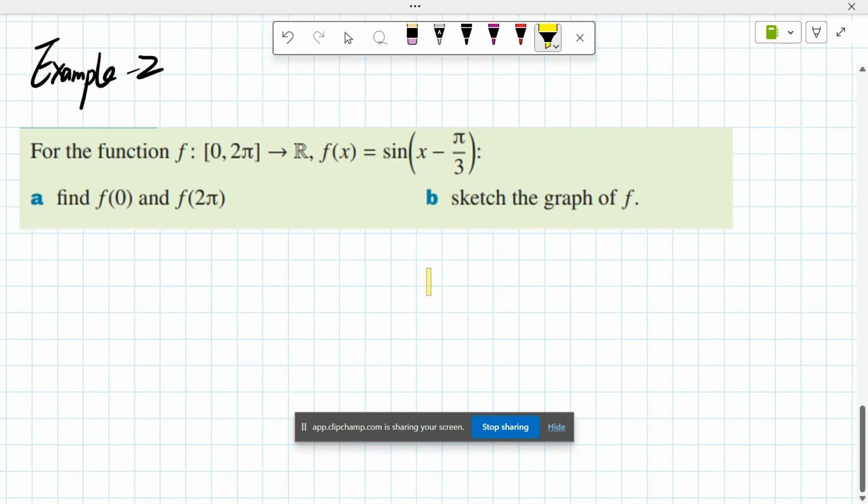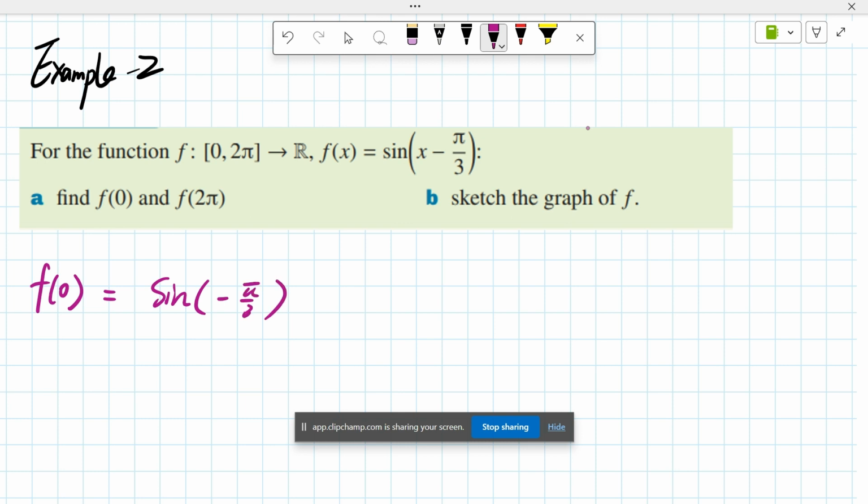Okay. So now what we're going to do is graph this by hand. So first thing first, we're going to find f(0) equal to sine of negative pi on 3.